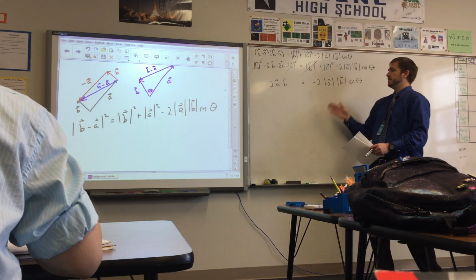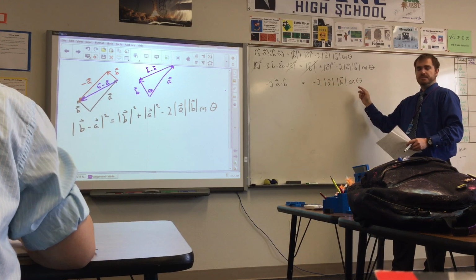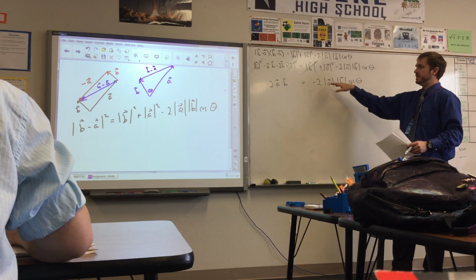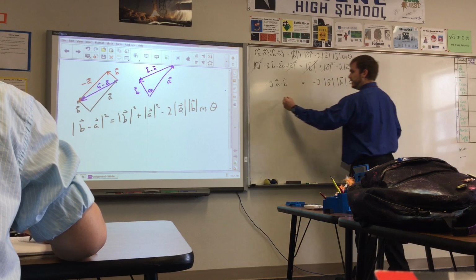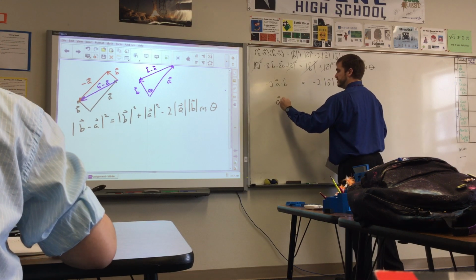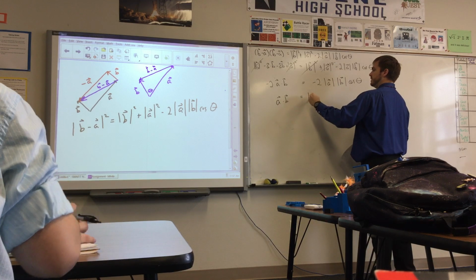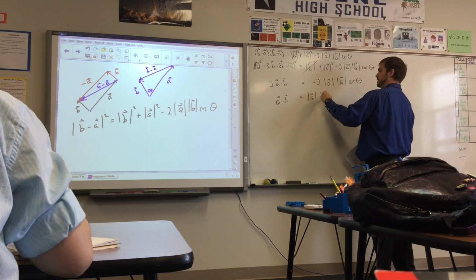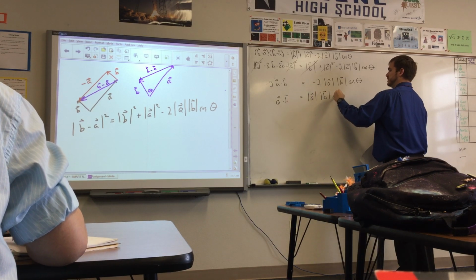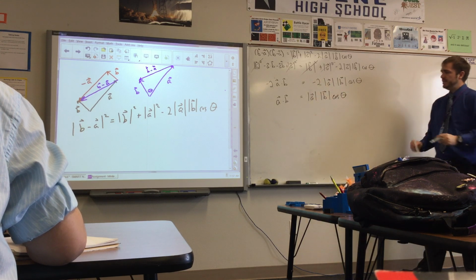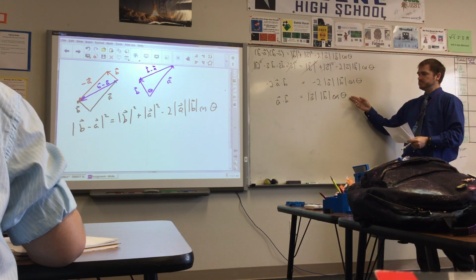So those aren't the same thing. But the negative 2 is, so we can divide both sides by negative 2, and we get that the dot product is equal to magnitude, magnitude, cosine angle. That's actually pretty helpful right there.